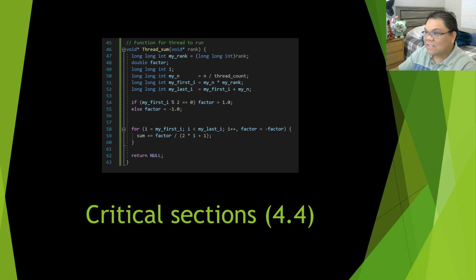But we can generalize this to any n. So instead of thirds or fourths or fifths, we can divide the work as evenly as possible by any number of portions, each portion being 1/n of the work of the for loop. So that's why we need to calculate my first I, my last I, and then my n.